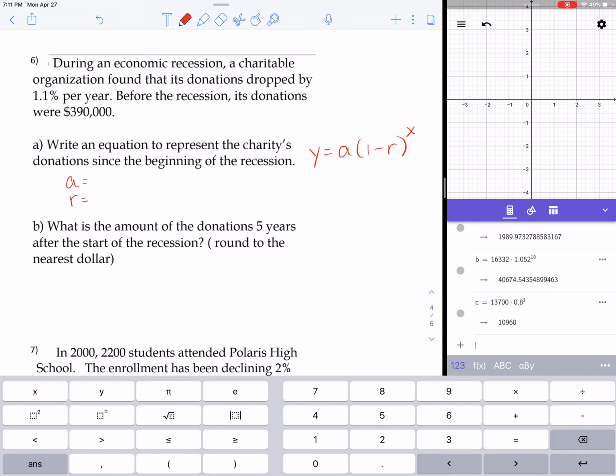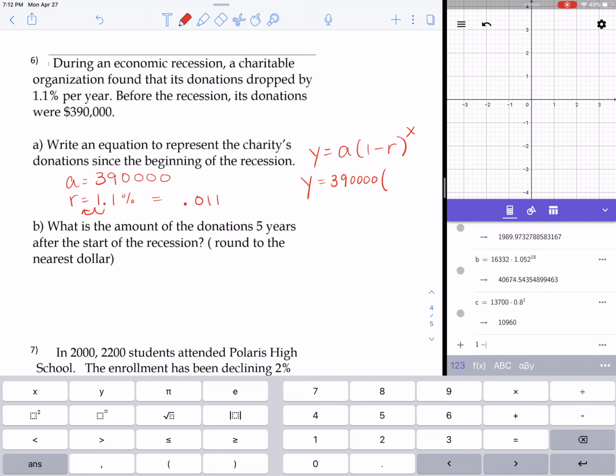What's the starting amount? Well, at the beginning, the donations were $390,000. So that's going in for the A. The R is 1.1%, but we always change it to a decimal, so I hope you do that too. So I'm going to have 0.011 as my r. So the function is y equals 390,000 times, I could either put in 1 minus the 0.011, or I could just put it in the calculator.